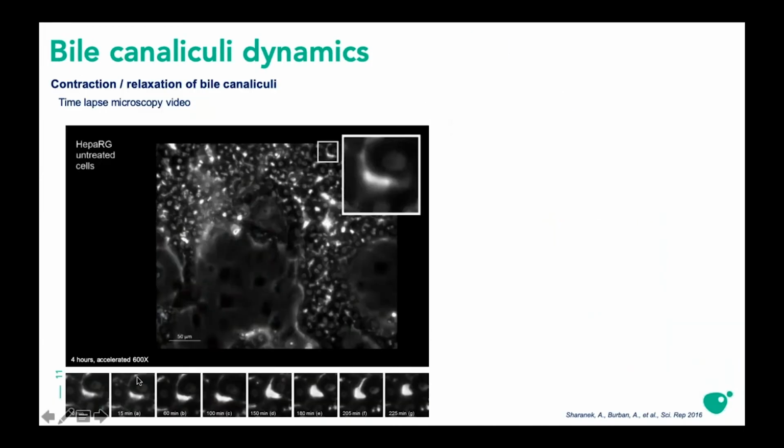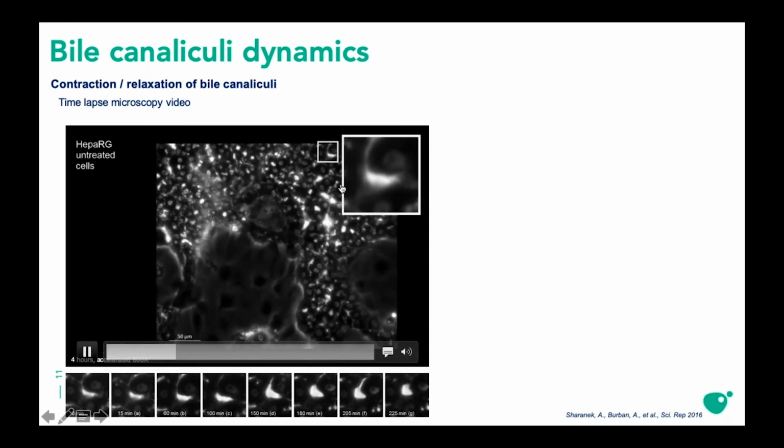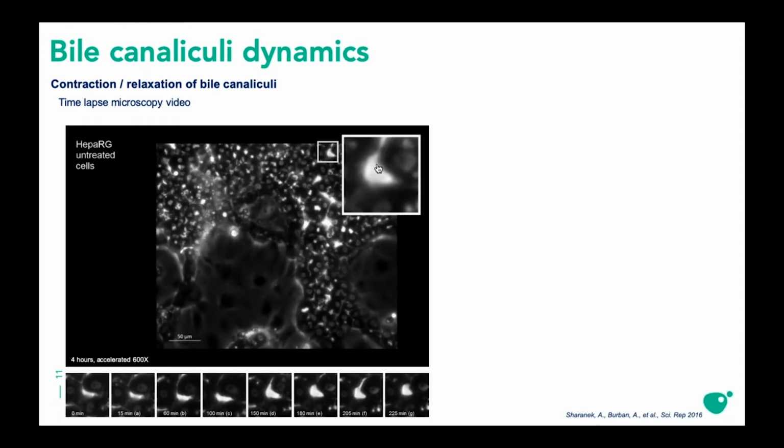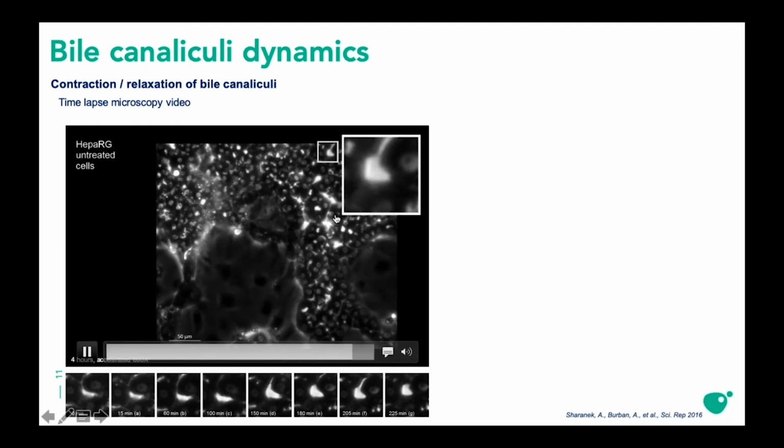Time-lapse microscopy, as we are seeing in this video, allowed us to reveal spontaneous rhythmic motility of bile canaliculi of HepaRG cells. This motility is characterized by repeated opening and closing spikes every 20 to 30 minutes. These spikes allow dynamic evacuation of canalicular content from what we can call saccular bile canaliculi into tubular bile canaliculi.